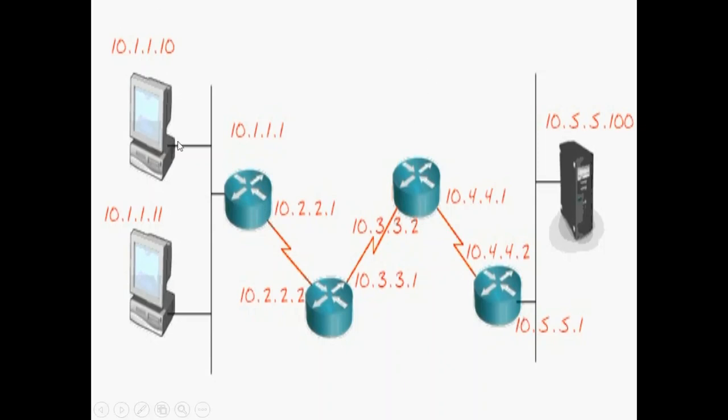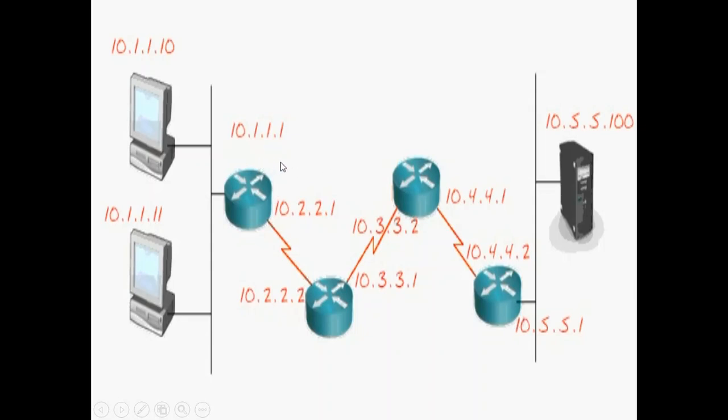This router, router 10.2.2.2, would say, yes, I know somebody who knows the 10.5.5 network. Send the packet to me, and I would be able to get it across to this network. So what would happen here? The packet would come here, and it will keep both its source and destination IP address.